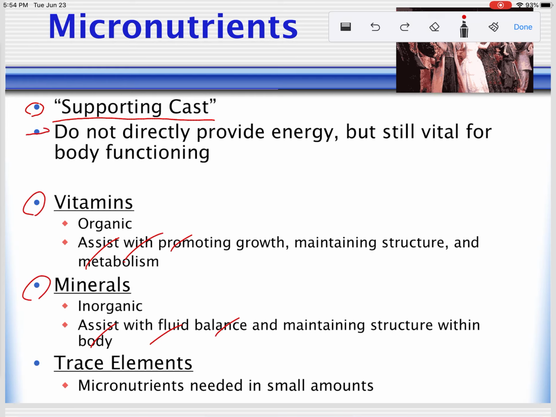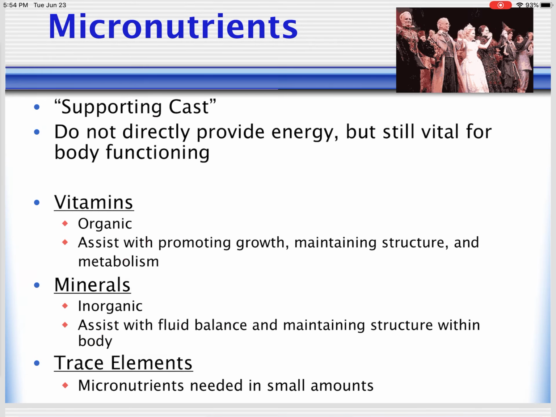I do have a note here that we do not directly use any vitamins or minerals for energy. What we're going to find out later is B vitamins are needed to help us burn carbs and fat for energy, but we do not directly metabolize vitamin B for energy.